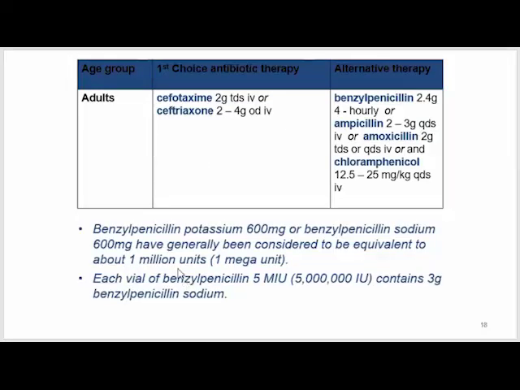And mostly, each vial of benzylpenicillin is 5 mega international units. It means it contains 3 grams of benzylpenicillin sodium. Okay. So you should acquaint yourself with those calculations, in case a prescription comes in milligrams, you should be able to convert easily.